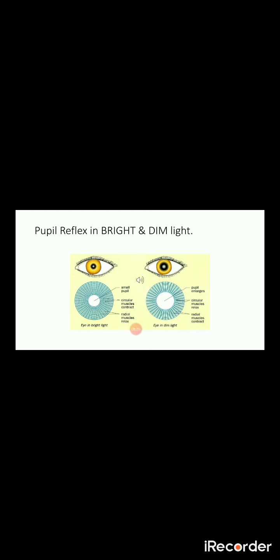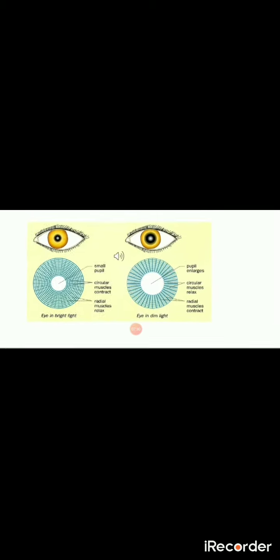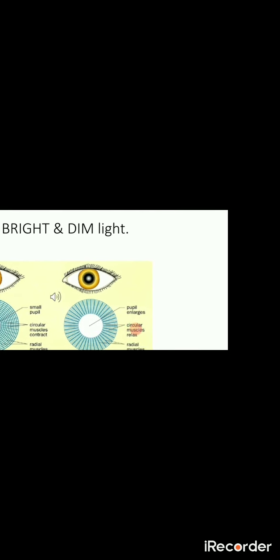When the light is intense or bright, the size of the pupil decreases because the circular muscle contracts and the radial muscle relaxes. Contrary to that, in dim light, the size of the pupil enlarges, the circular muscle relaxes, whereas the radial muscle contracts.